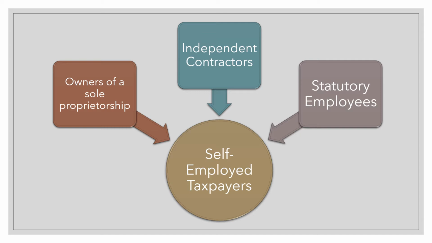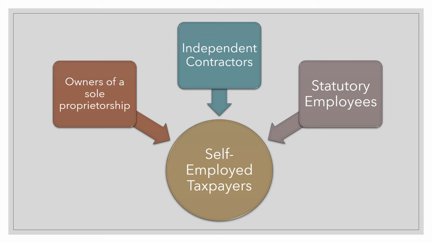And as I had just briefly mentioned, this business income comes from self-employed taxpayers. So these taxpayers might be owners of a sole proprietorship. They might be considered independent contractors, or they might be what's called a statutory employee. And these are a little bit different than somebody who fits your regular classification as an employee.